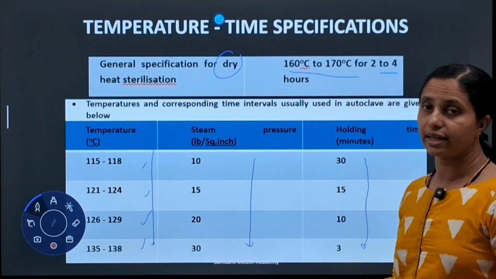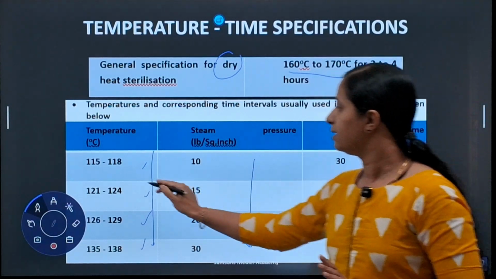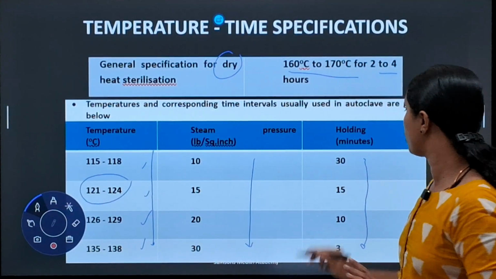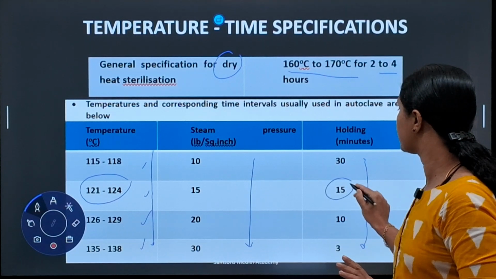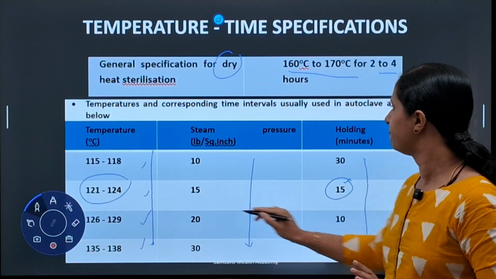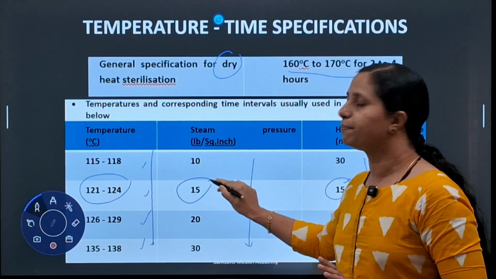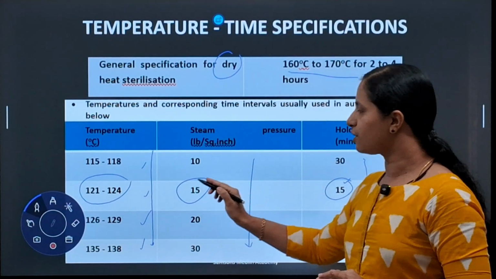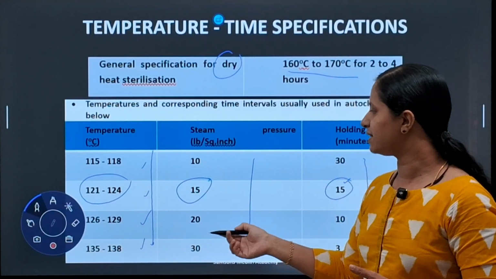The most important among these is the temperature range of 121 to 124, and the exposure time for that temperature range is 15 minutes at 15 lb per square inch pressure. Okay. So others are also seen in questions these days.